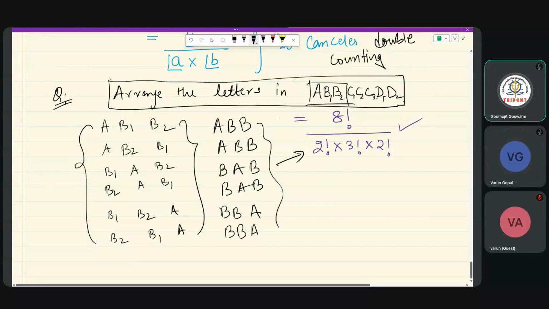I'm not going too much into the details. You have to read the PDFs, you have to do the theory. So whenever you have identical letters, we have to avoid multiple overcountings, and we divide by as many factorials in the denominator as the numbers are repeating.